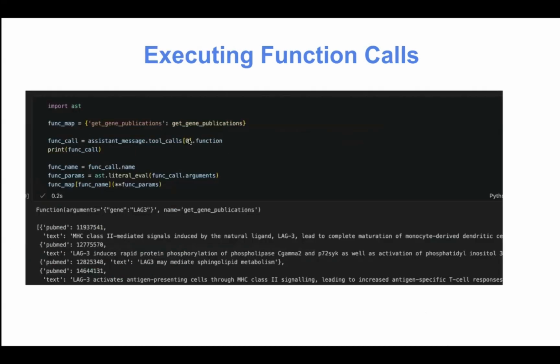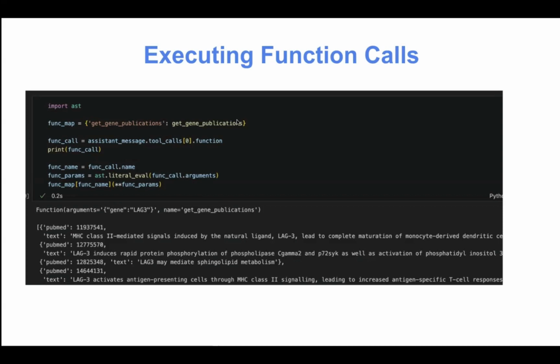And then we can parse that output. We have this function call, and we have the name of the function. We can do a little bit of parsing to grab that name and evaluate this JSON object. It's still a string, right? You can see the single quotes out here and then the double quotes. So we're just going to parse that into an actual object. Gene is the key, and lag3 is the value. Then we can use a little function mapping.